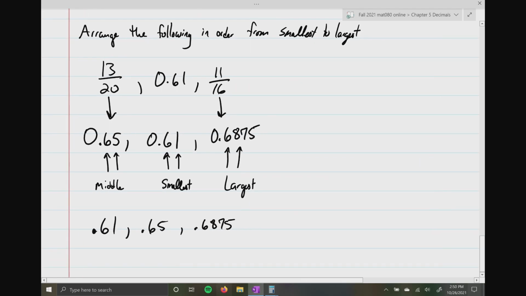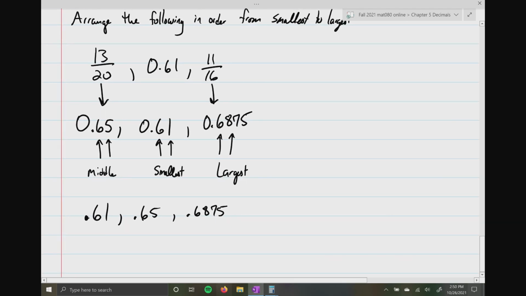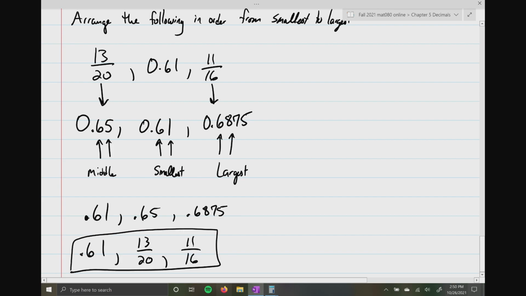And technically, what we should be doing is putting them in order the way that it was given to us. So 0.61, 13 over 20, and then 11 over 16. Okay, so make sure that when you are doing your homework that you are doing this correctly, okay?